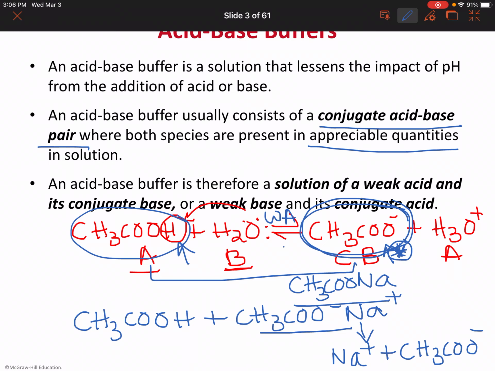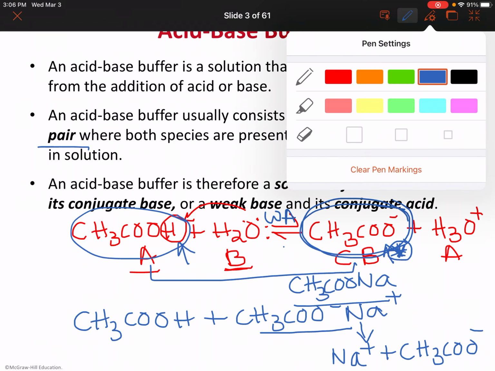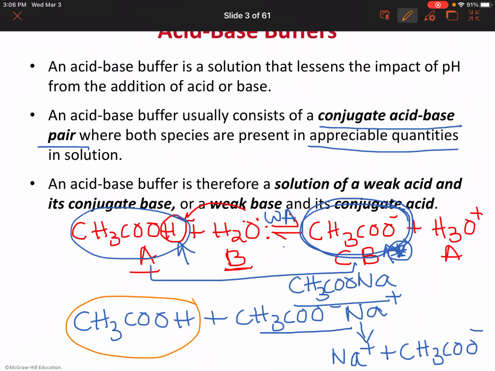So in our conjugate acid-base buffer system, you have an appreciable amount of acetic acid as well as acetate ion. We are not depending on the acetate ion generated from the dissociation of the weak acid. We are adding acetate ion on top of that. So we have both of the conjugate acid-base pair in appreciable quantities in solution. That's how you normally make a buffer solution.